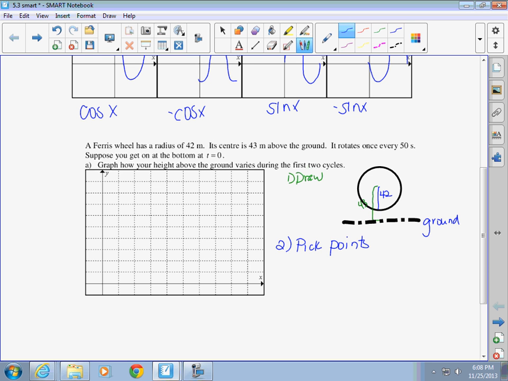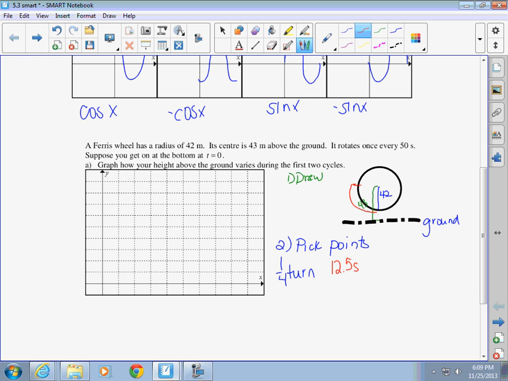So if I think about this, if I do a quarter of a turn, and I'll do that in red, so a quarter of a turn if I go from here to here. So that's a quarter of the way. My time that it would have taken me, if it's 50 seconds all the way around, so 25 would be half, so 12.5 seconds is what it would take to do that.